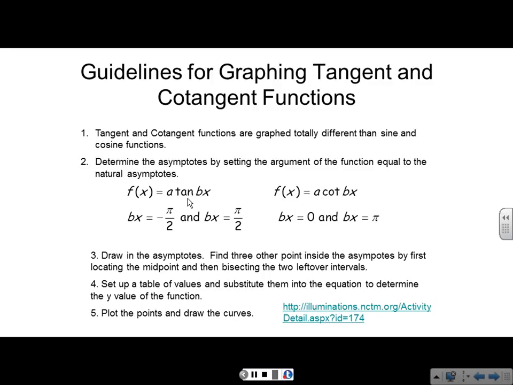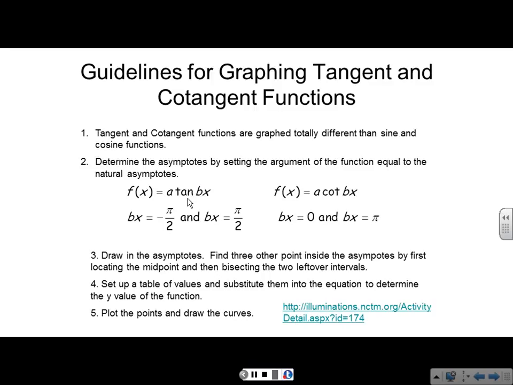And also we need to understand that we have to have our asymptotes. So for our asymptote, remember, we're going to go from negative pi over 2, and then we're going to have our argument to pi over 2. So basically we're going to divide each one of these by 3.